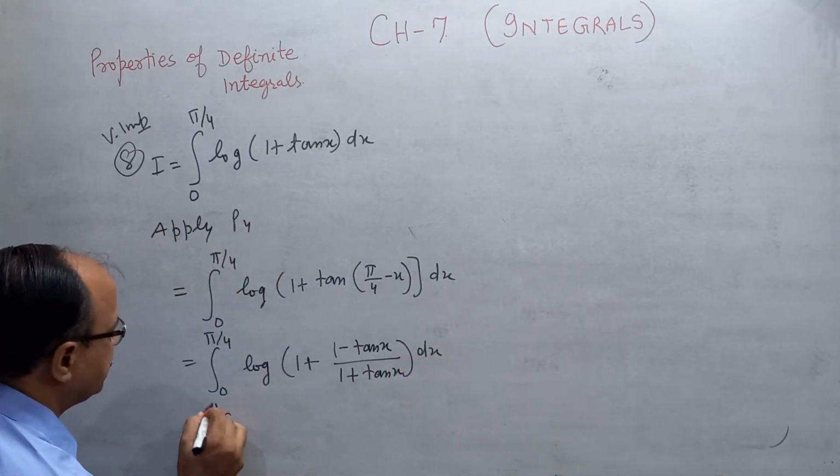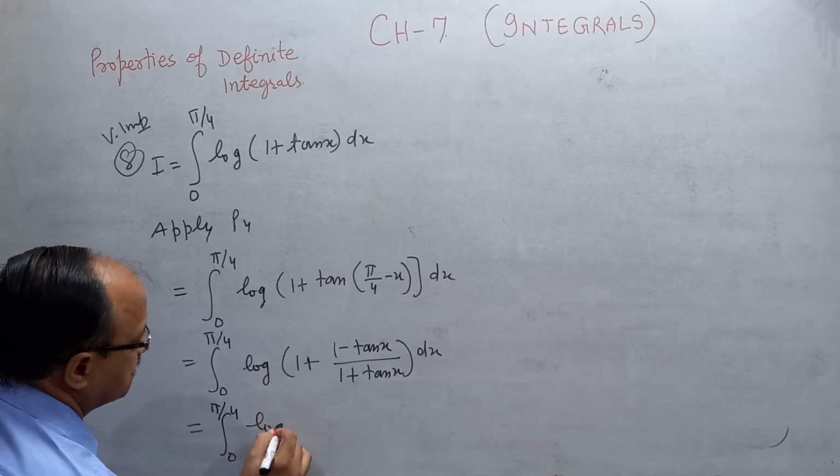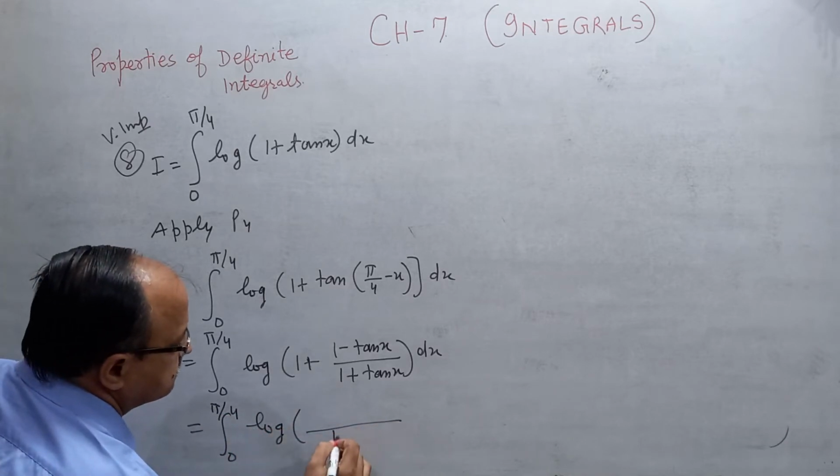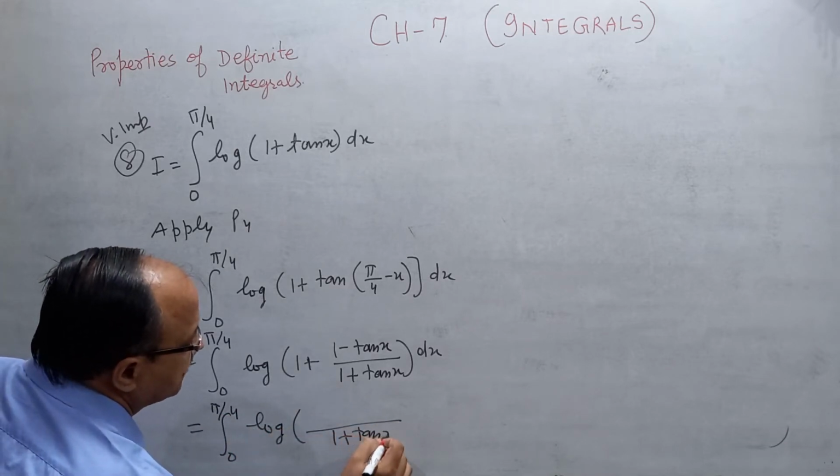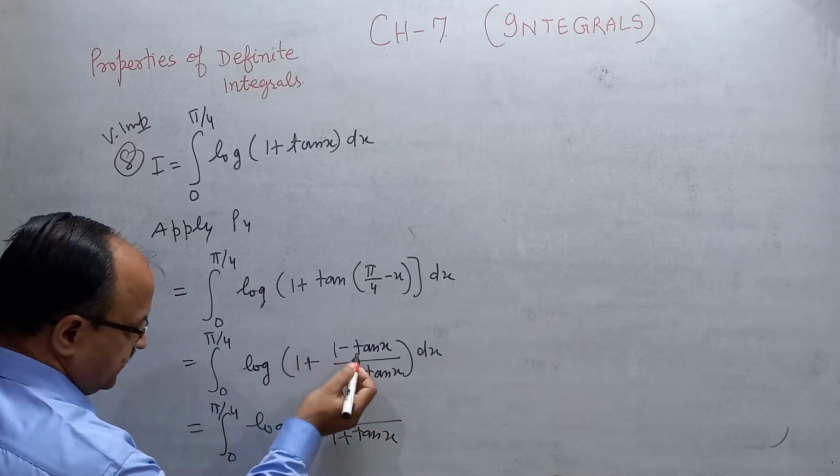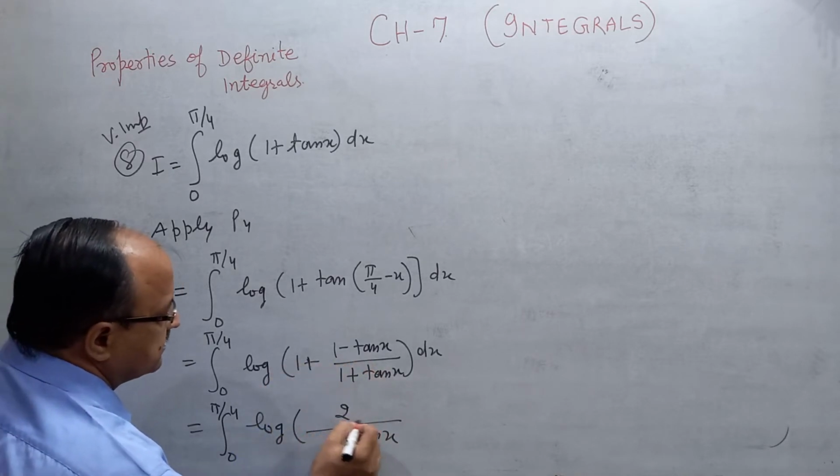Integration 0 to pi by 4 of log, take LCM, 1 plus tan x plus 1 minus tan x, the tan x cancel, over 1 plus tan x.